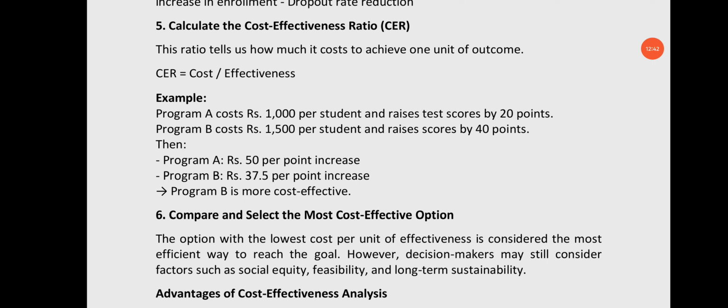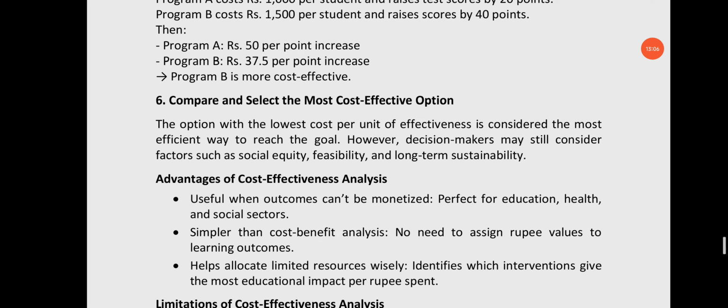Program B costs 1500 rupees per student and raised scores by 40 points. Then program A costs 50 rupees per point increase and program B costs 37.5 rupees per point increase. Program B is considered the most cost effective program.